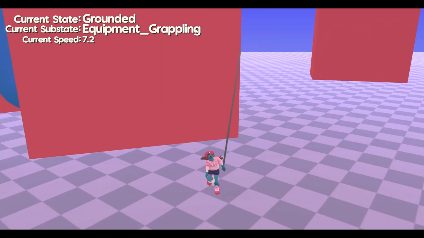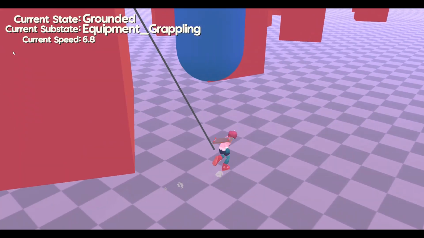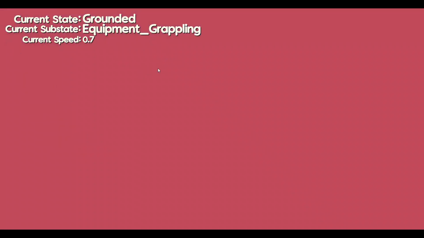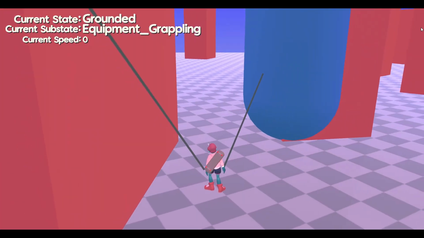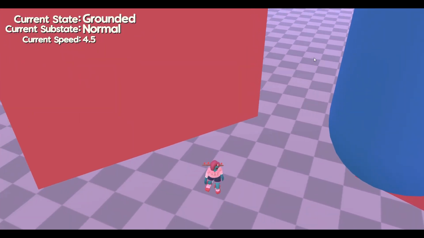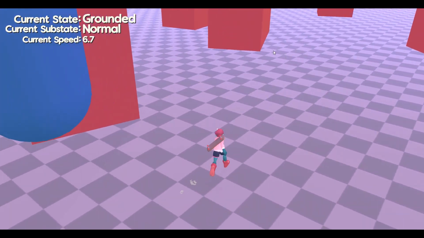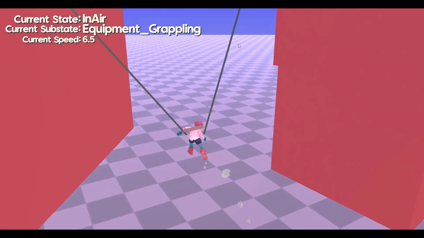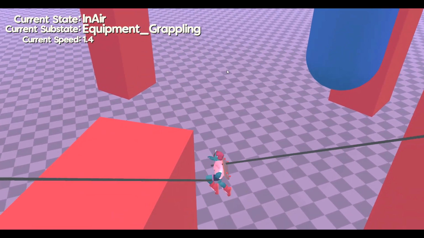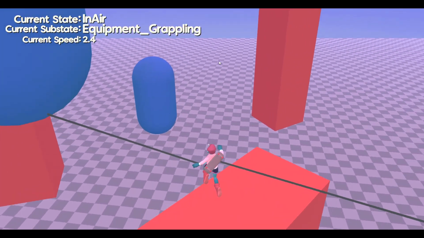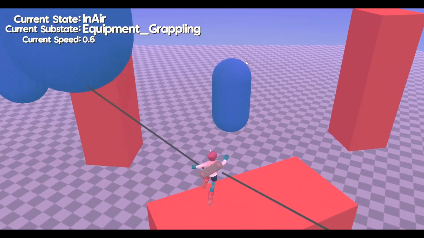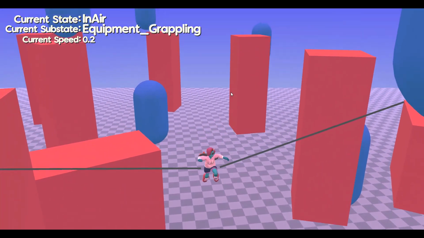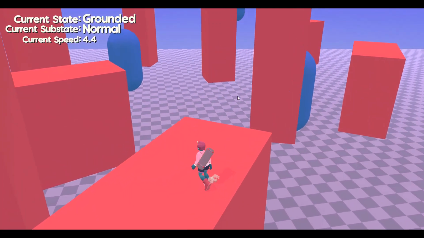This is pretty easy to do. We just use a quaternion calculation on our vector direction from our player to our rope, multiplied by 90 degrees. Very simple. Then if we have two ropes, we run these calculations for both ropes, and then we find the normalized direction that they should face to. This direction is probably always going to be the same direction, but I just run it on both ropes just to be safe.